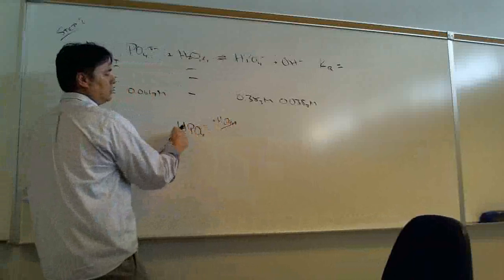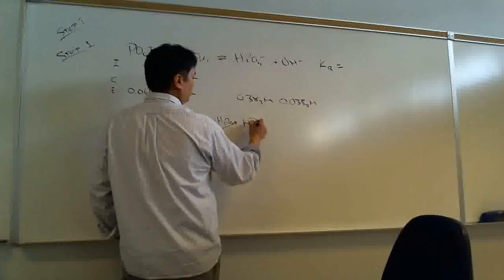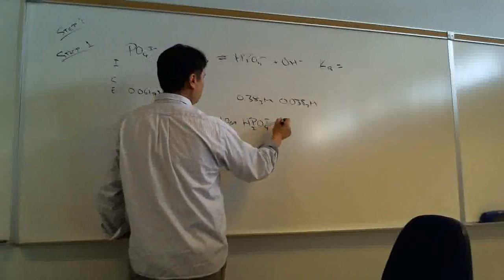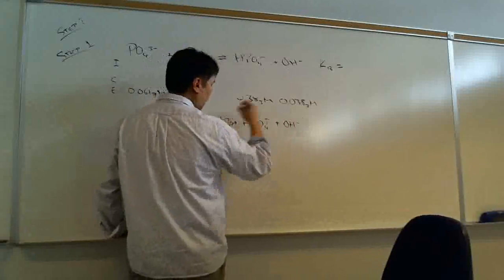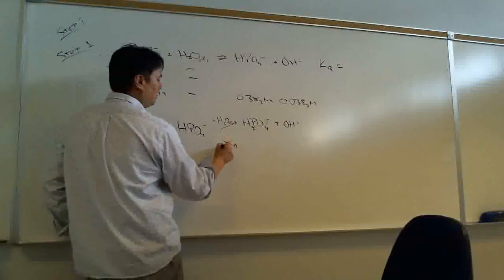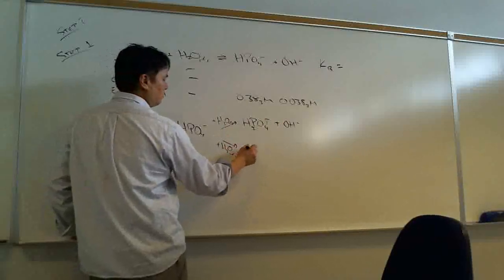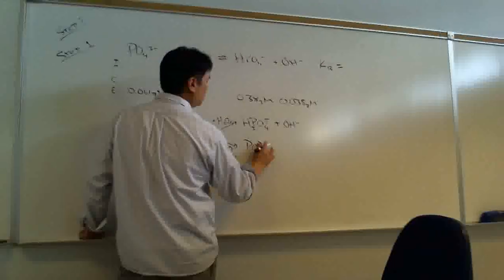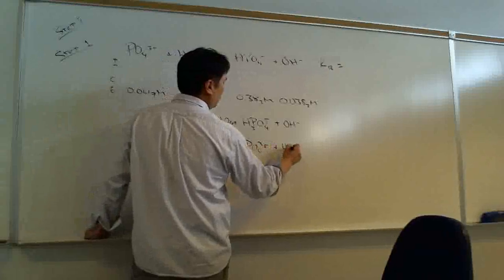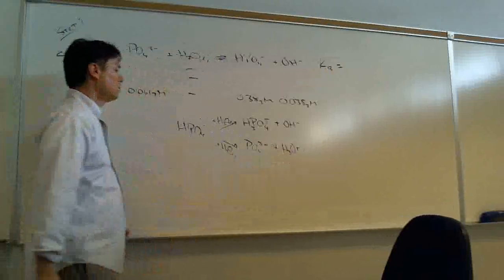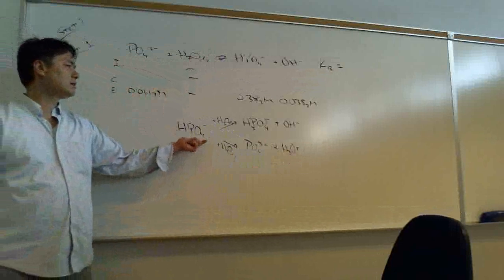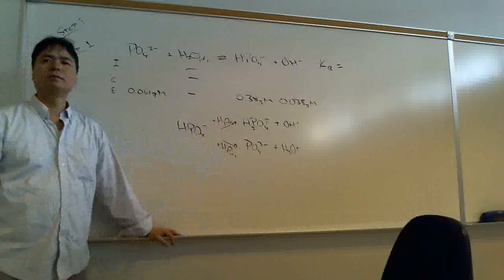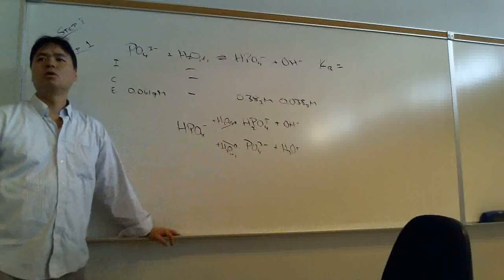One, it collides and gains a proton to form H2PO4 minus plus a hydroxide. Or it could collide with water and lose a proton to form PO4 3 minus plus hydronium. And so once we form HPO4 2-, it could either lose a proton or gain a proton. Which one does it do?